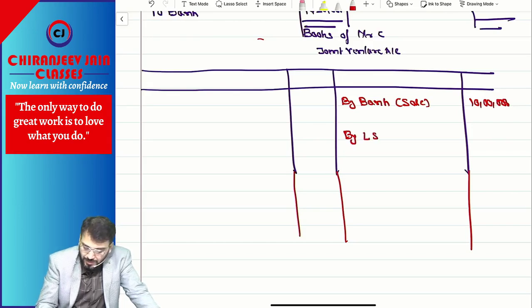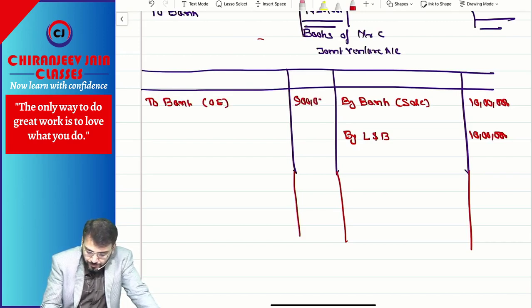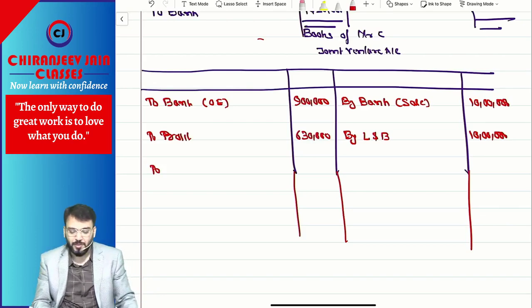Buy land and building how much? 10 lakh. They have done some other expense. To bank how much? Other expense 9 lakh. Profit how much? 6 lakh 30,000. Now in this it is payable or receivable?